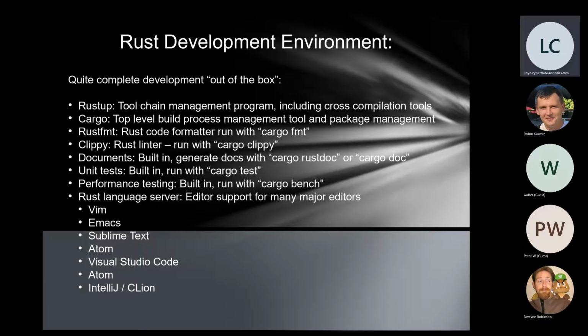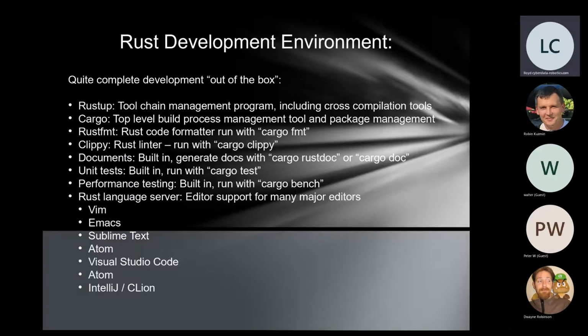There's a syntax for documenting your code inline, kind of like Doxygen, but that's actually built right in to Rust. It's not an add-on. There's a unit test framework built in, which you run with cargo test. There's a performance testing framework that you run with cargo bench.